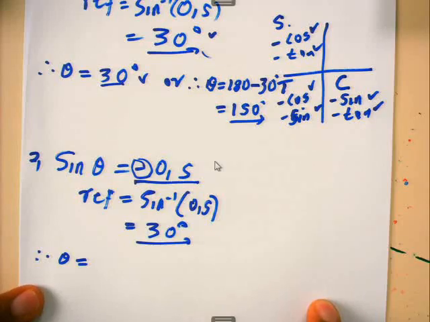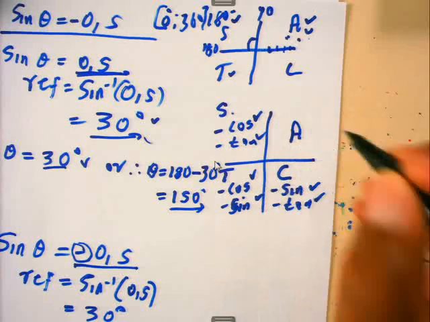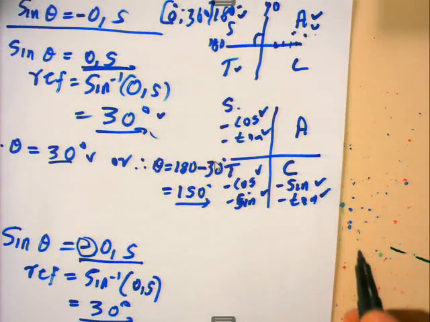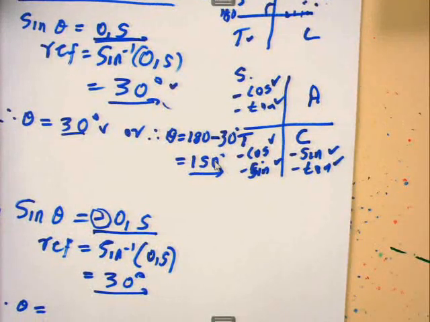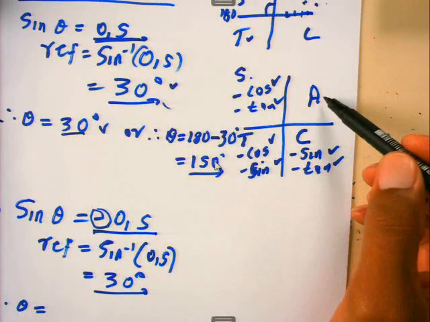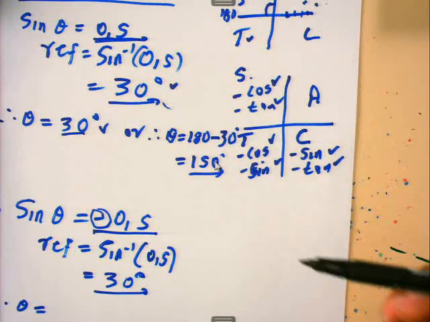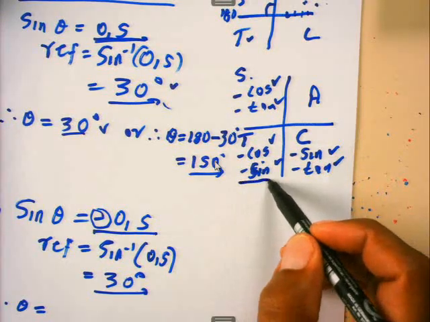0,5. Right, now we go back to the CAST diagram to say, okay, in which quadrant is sine negative? Of course, we can see in the first quadrant sine is positive and in the second quadrant also sine is positive, right? Now, in the third quadrant, you remember we have a negative sign there.